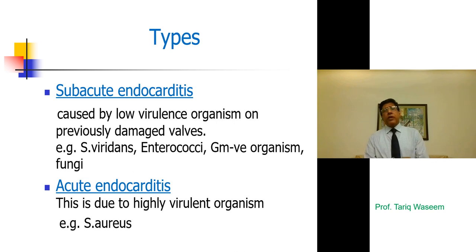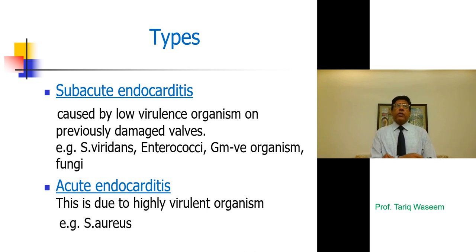From the time of occurrence, most of the time it is a subacute course, which means that the process starts slowly and gradually, and the patient becomes febrile, with malaise, ill health, and weight loss, and that's why it's called subacute endocarditis. The course is usually over months.